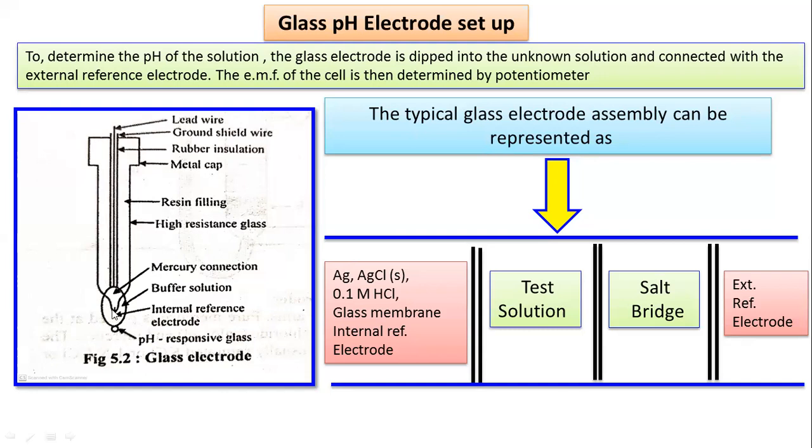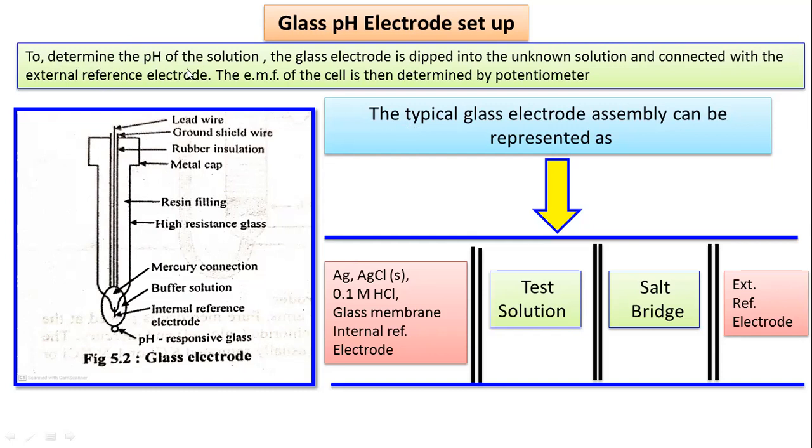The internal reference electrode you can see is dipped into the solution of hydrochloric acid, that is the dilute HCl, and here the mercury connection can be seen. And this is overall the high resistance glass metal cap, and the particular bulb is insulated with the help of rubber, and this is the lead wire inserted directly into contact with the internal reference electrode, and this is the complete capping of the glass electrode.